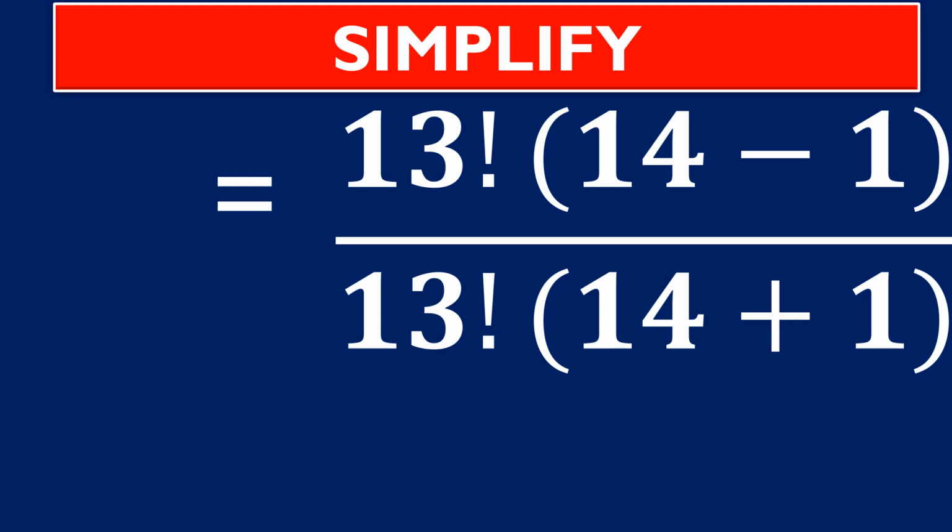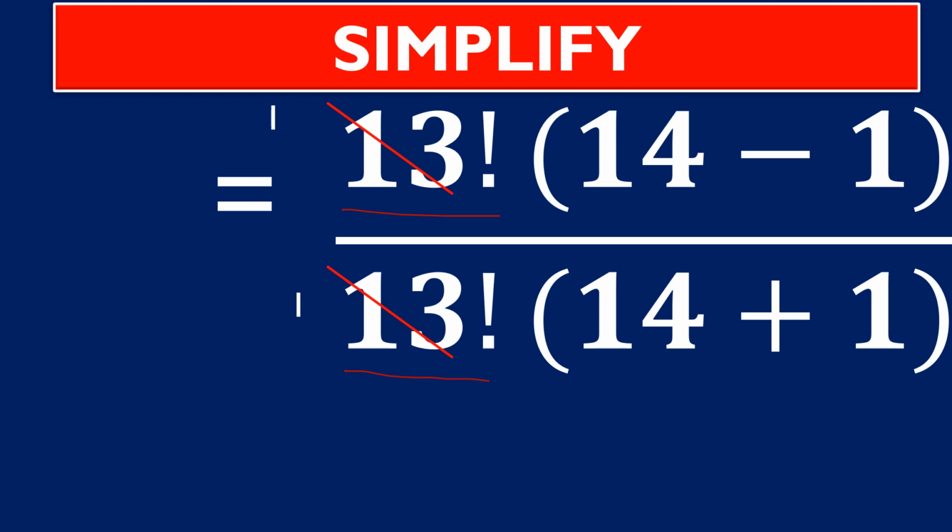By observation, we see that we have 13 factorial at the numerator and 13 factorial at the denominator. So they can cancel out. If we divide both top and bottom by 13 factorial, at the top it gives us 1, and at the denominator it also gives us 1. So that cancels out. Now you observe that we have 14 minus 1 at the numerator. 14 minus 1 gives us 13.